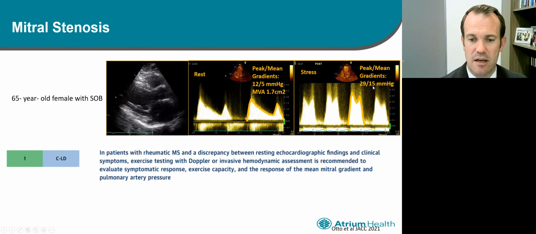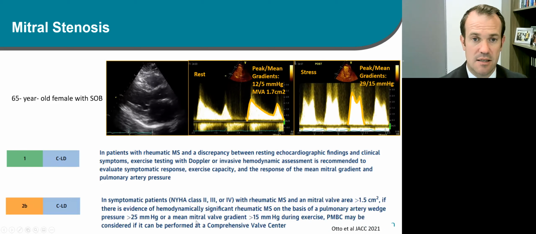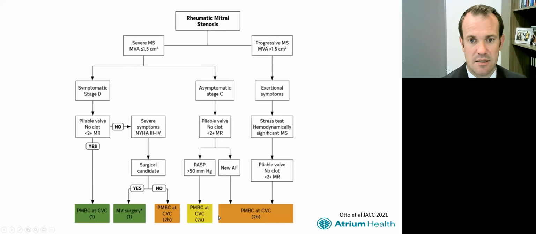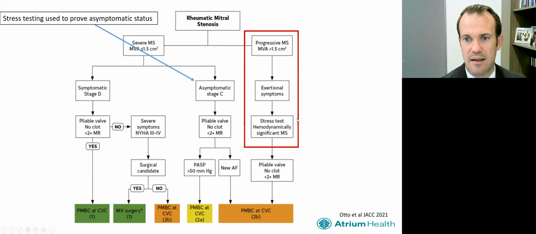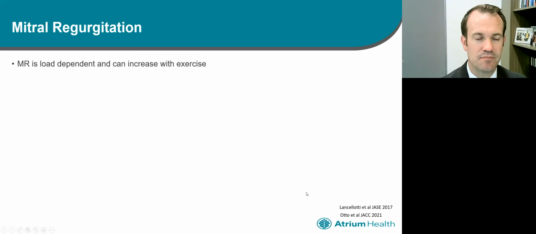And if our mean gradient goes above 15, this is a class 2B indication to consider balloon valvuloplasty. So again, we're going to use the stress test to assess whether the patient is truly asymptomatic, and if that gradient goes up significantly, we're going to consider a balloon valvuloplasty.